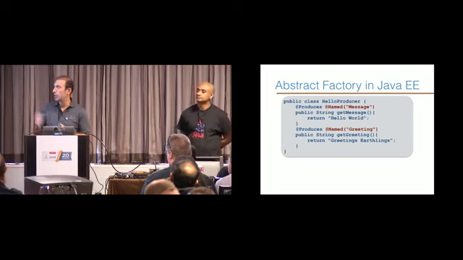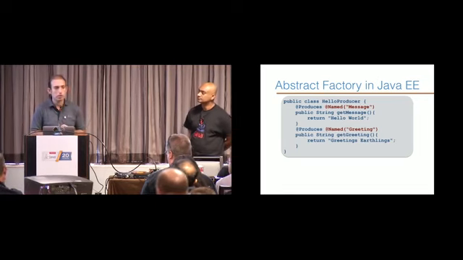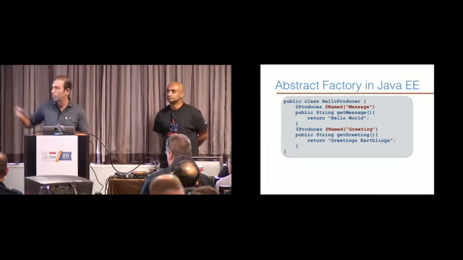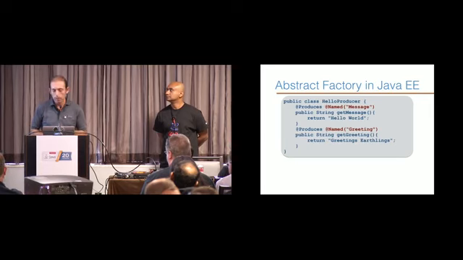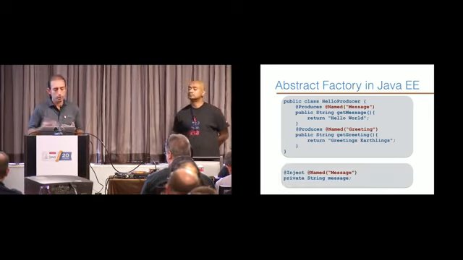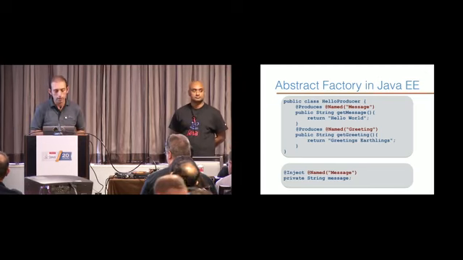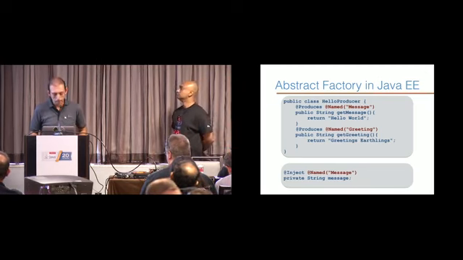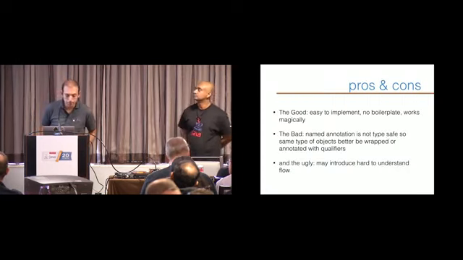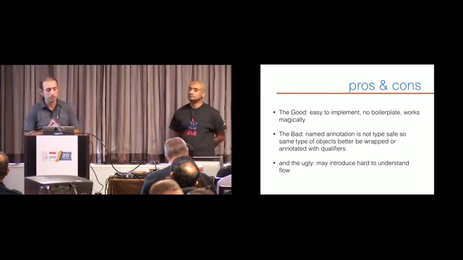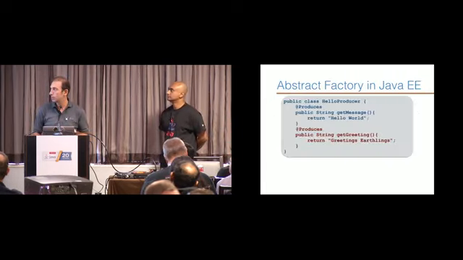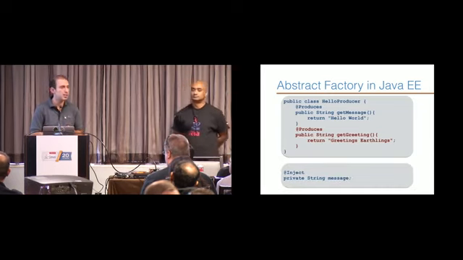As you see here, we can just use the Named annotation and give some names to the factories. So each client will just need to annotate which factory it's really targeting. It's a very easy way to solve the ambiguity. So the good part, it's very, very easy to implement. You just add the Produces annotation, and it just creates the magic.